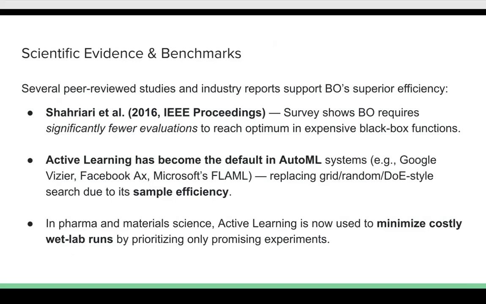They're replacing grid random design of experiment style search due to its sample efficiency. You need less experiments to get the results that you're looking for. And in other domains like pharma and material science, it's already being used extensively to minimize costly wet lab runs by prioritizing only promising experiments.